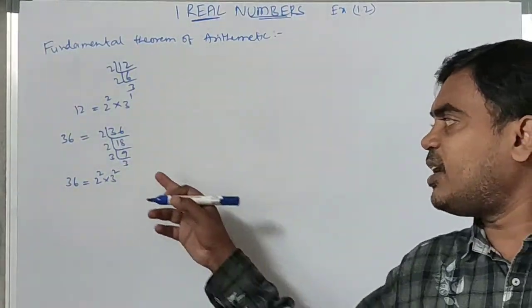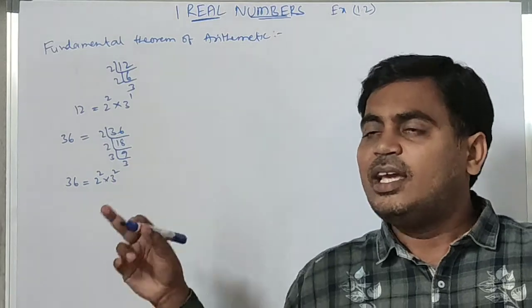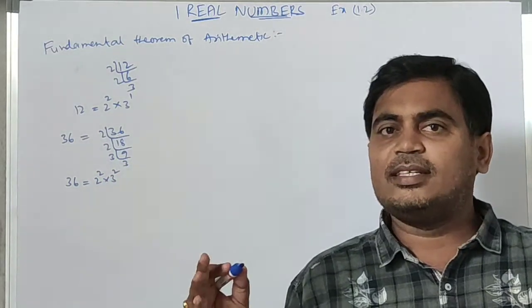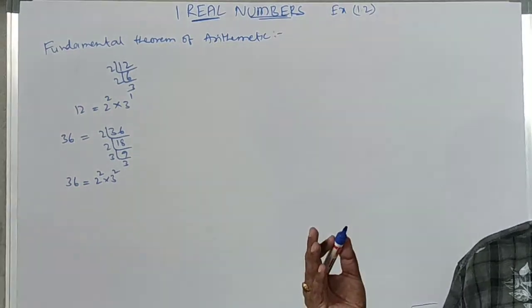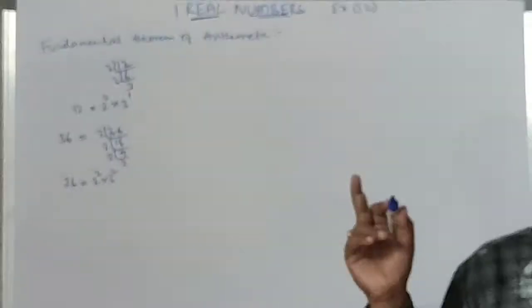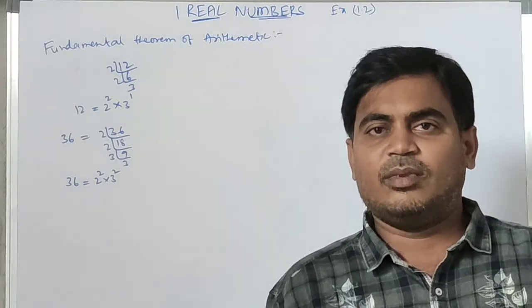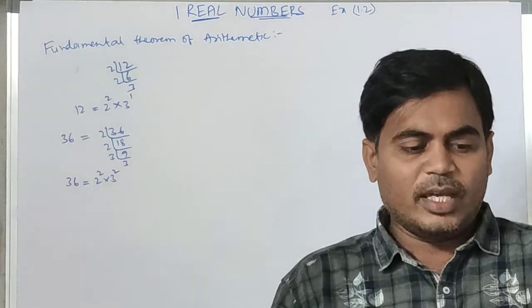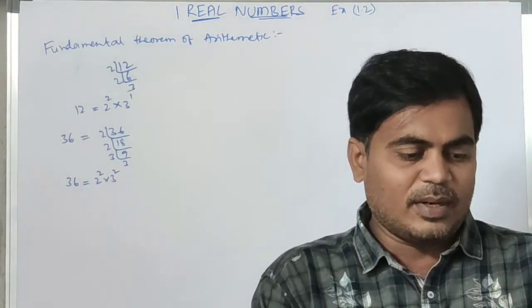So this is the prime factorization of 36. We can write it in this way only. We can't represent 36 as any other prime factorization. So the prime factorization is always unique. So this is the fundamental theorem of arithmetic. Based on this theorem, we will do some problems.